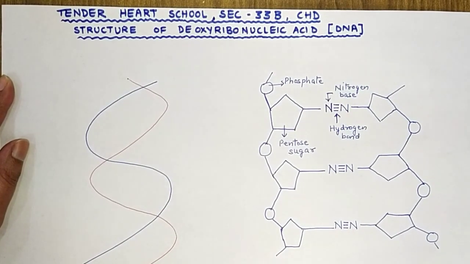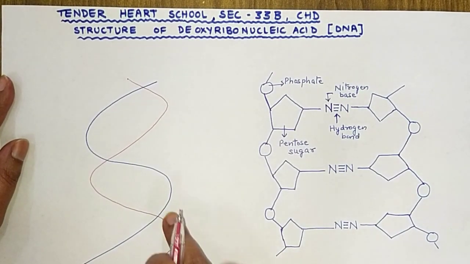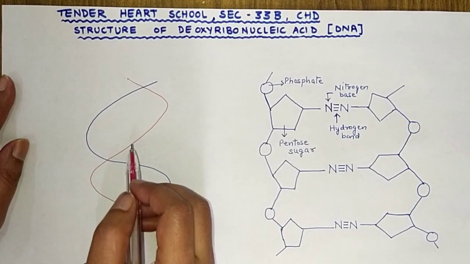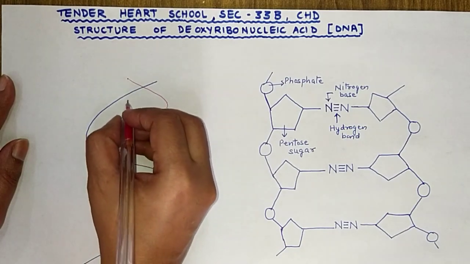So this way, the two strands of DNA are making a double helix structure, a spiral structure along a single central axis, right? Double because two strands are there, and helix is spiral. So this kind of structure is formed, and in between the two strands we have the nitrogen bases.